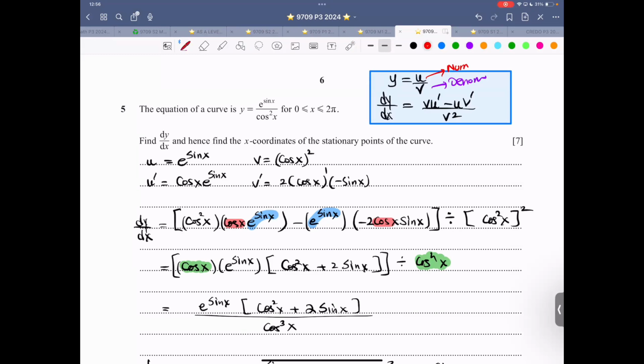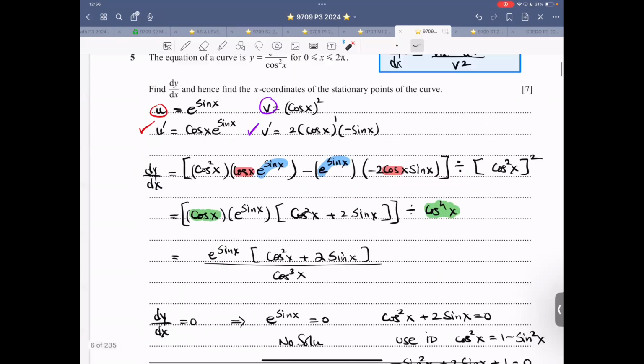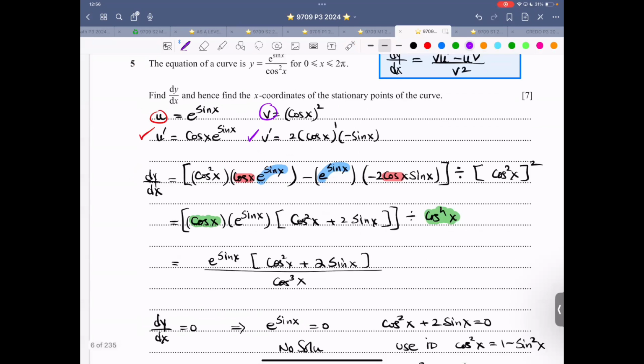So now over here, this is u, this is u prime, this is v prime. Cos square x is written as cos x the whole thing square, and then you differentiate using chain rule. Sorry, this is v. First of all, let me write v over here because it starts this way.